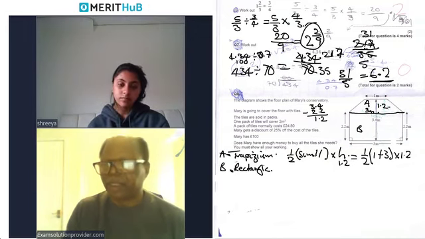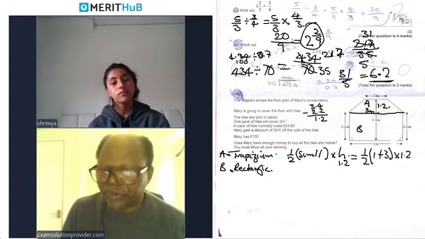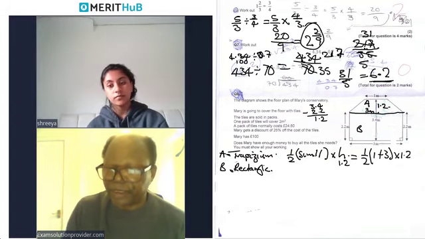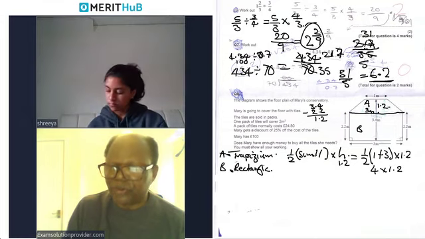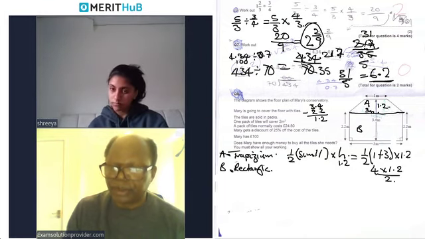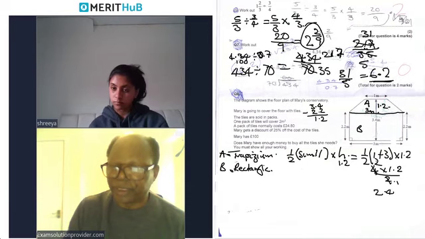Okay, so 1 plus 3 is 4. So it's going to be 4 times 1.2 divided by 2. Half of 4 is 2, and 2 times 1.2 is 2.4 square meters.